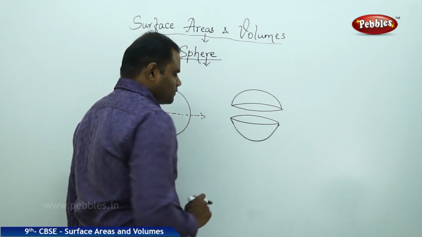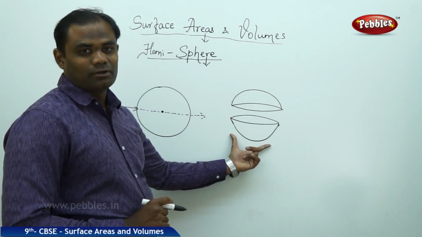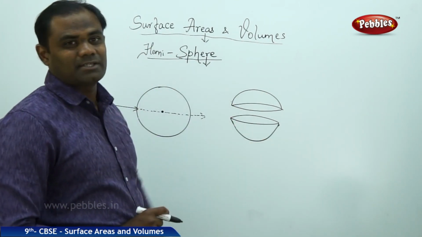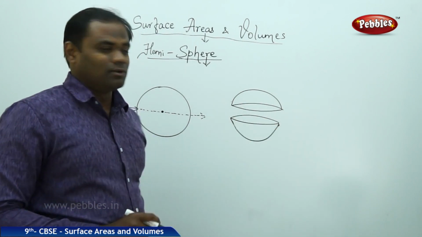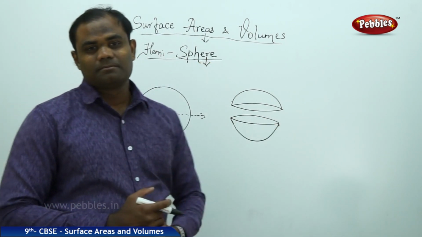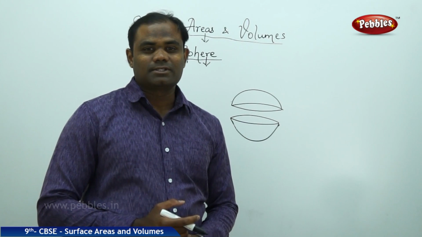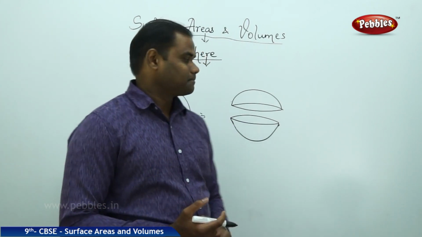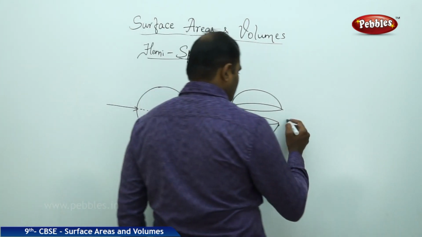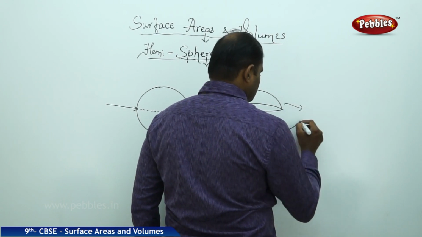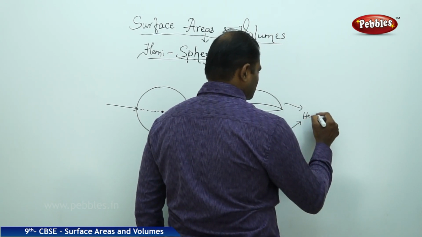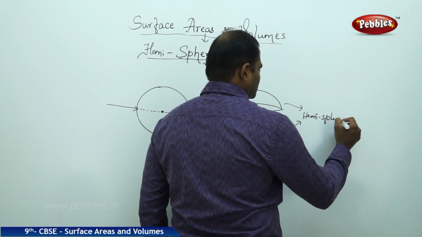So we have two different shells which are obtained when I cut the sphere exactly in the center. Each of the shells is called a hemisphere. This session is about the discussion of the hemisphere.